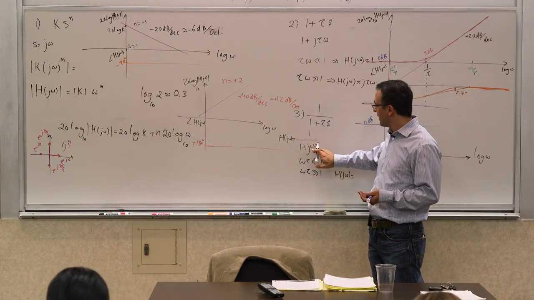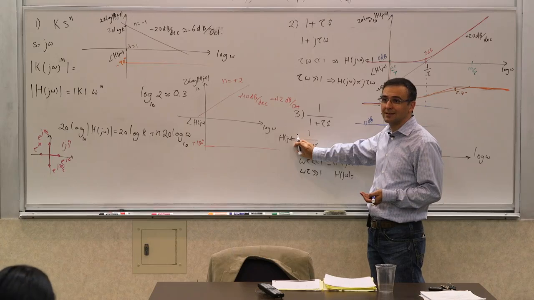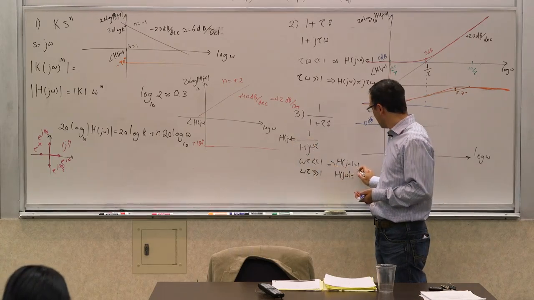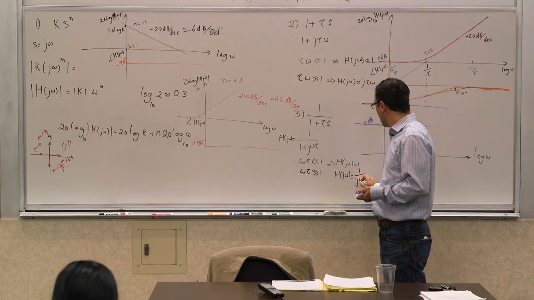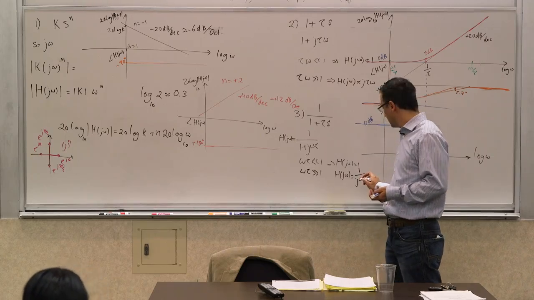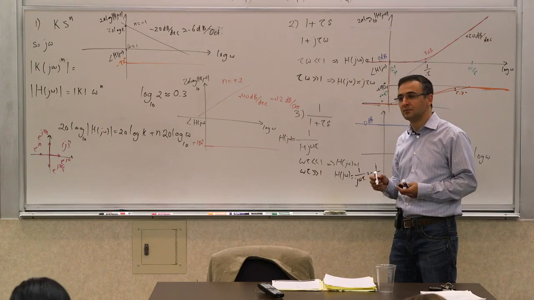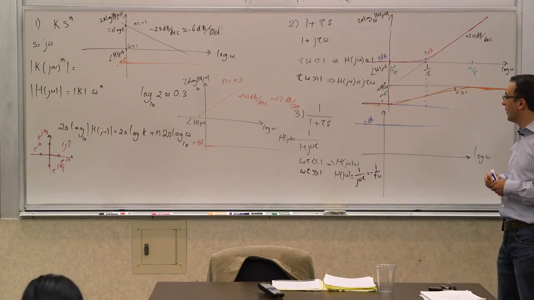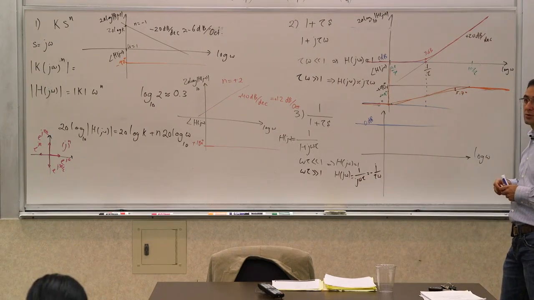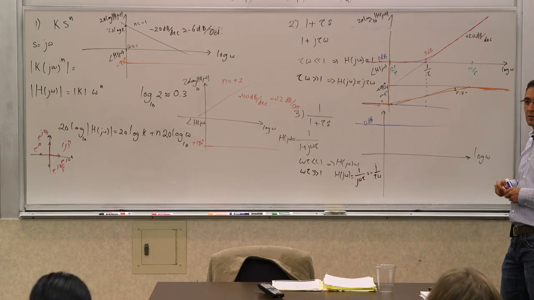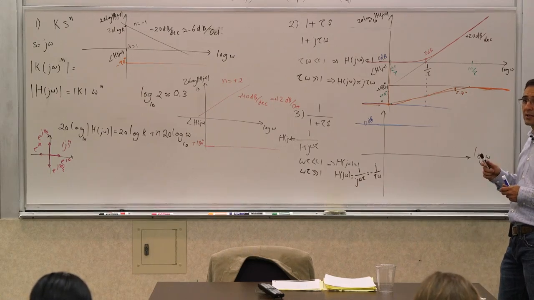So it means that 1 doesn't matter. So it becomes 1 over j omega tau, which you can also write as negative j over tau omega, right? So what does that tell you about the other asymptote? What's the slope of the other asymptote?